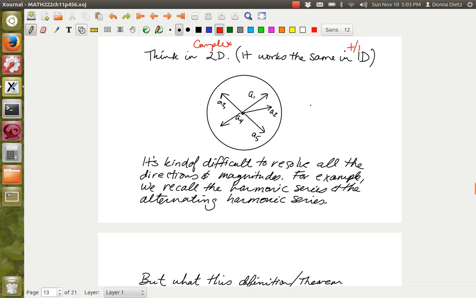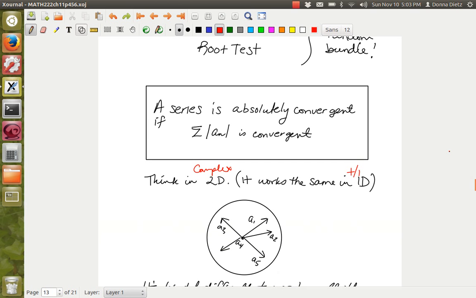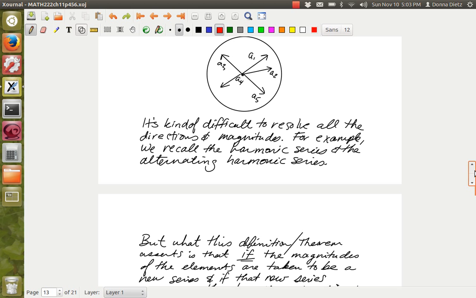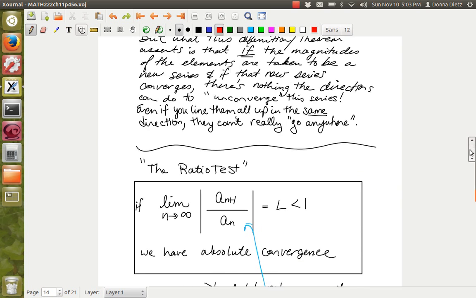But this really is stronger. I'm saying if you take them all and line them up in the same direction, and they go to a limit, then you can allow the signs to come back into play, and they can't possibly mess up the convergence. It can change the convergence, obviously. It'll be convergent to somewhere else, but it will still be convergent.